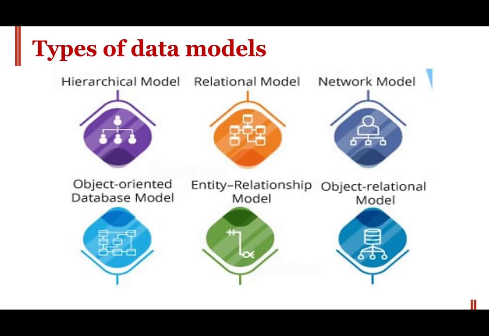So one table feeds many other tables, or maybe a few tables from different departments feed one table at the whole executive level or top level. A relational model, which we are going to discuss in a few seconds, networked model or network model, which is a sort of advanced hierarchy model, object-oriented database model, entity relationship model, and object relational model.